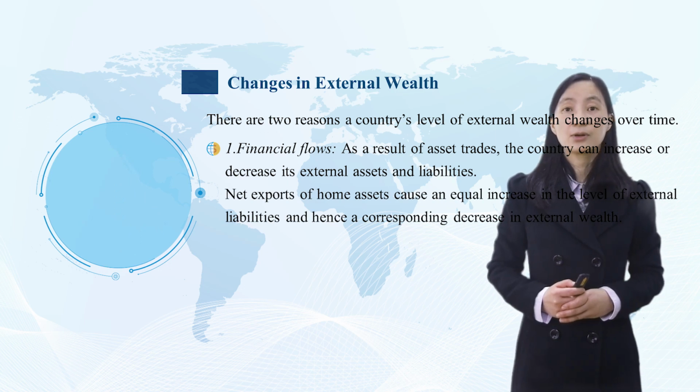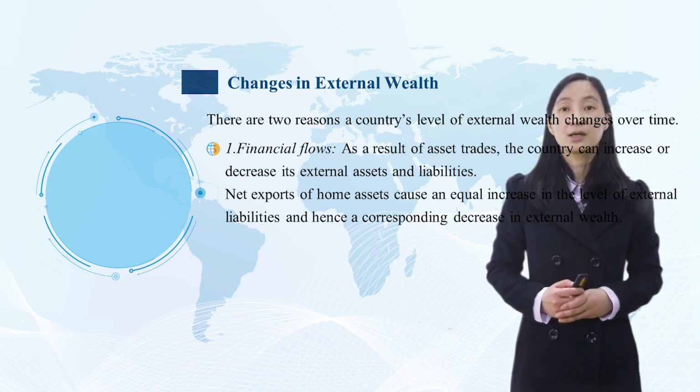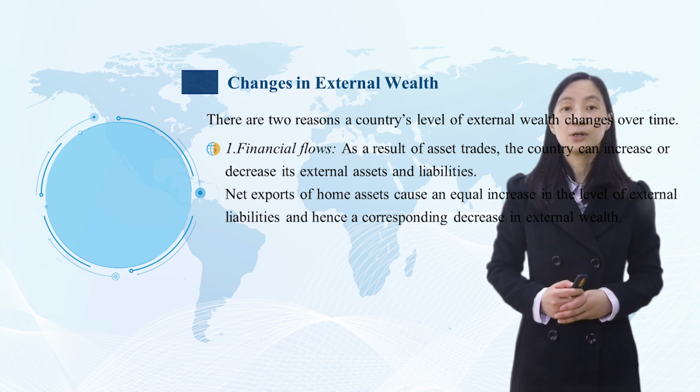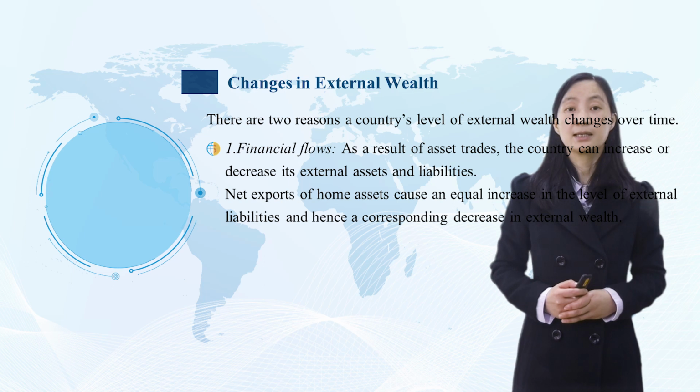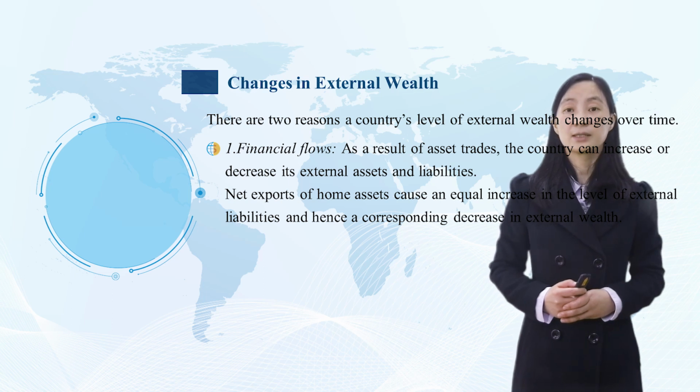Net exports of foreign assets cause an equal decrease in the level of external assets, and hence a corresponding decrease in external wealth. Net exports of home assets cause an equal increase in the level of external liabilities, and hence a corresponding decrease in external wealth.